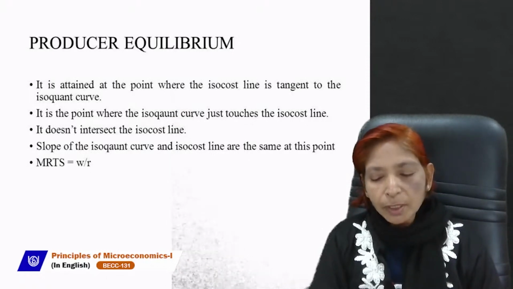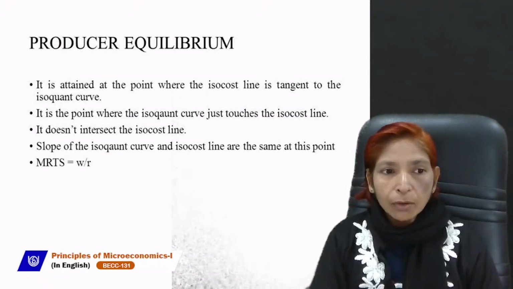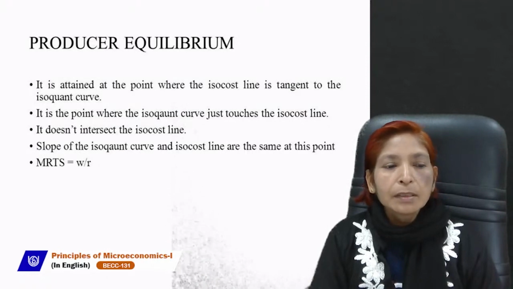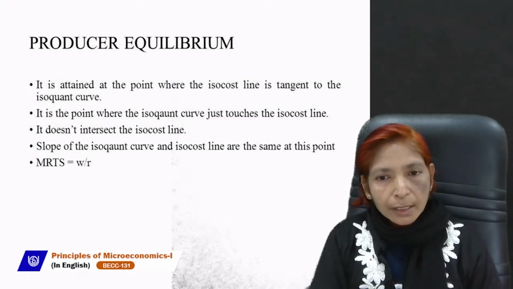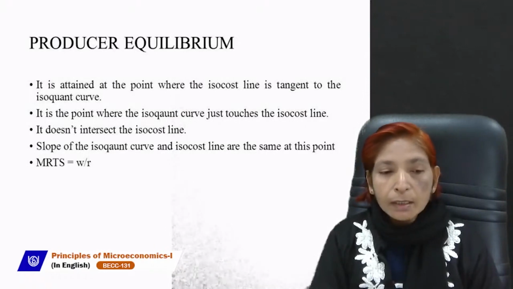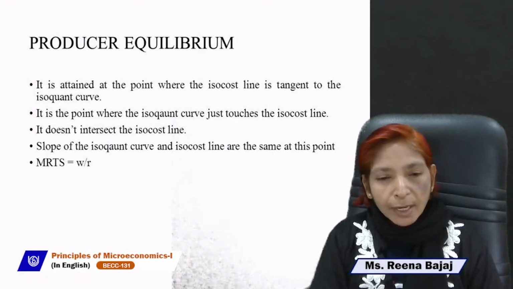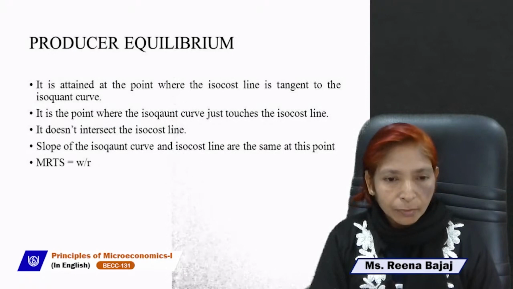So producer equilibrium will be determined at that point where the slope of the isoquant curve and the iso cost line will be equal. And the isoquant curve must be convex to the origin at the point of equilibrium, not concave.